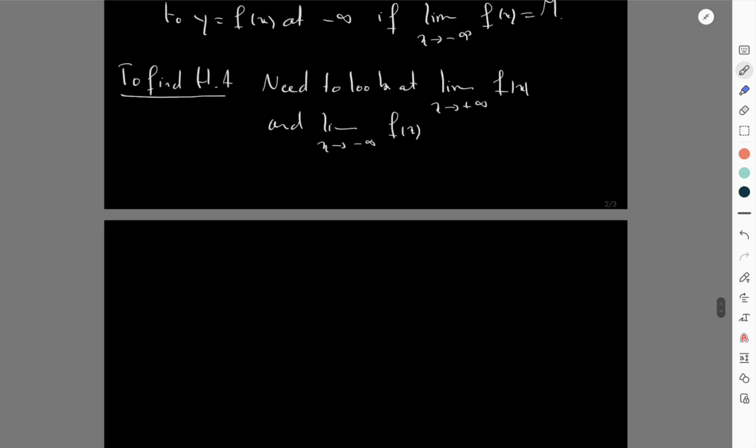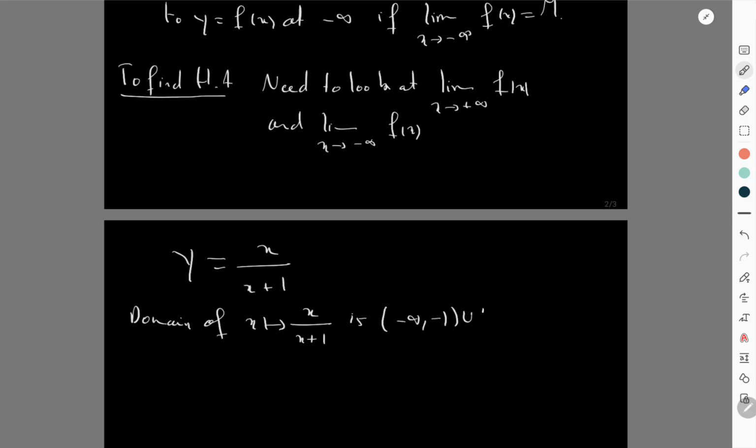The curve y is equal x over x plus 1. Of course, the domain of the function that sends x to x over x plus 1 is just minus infinity to minus 1, union minus 1 to infinity.